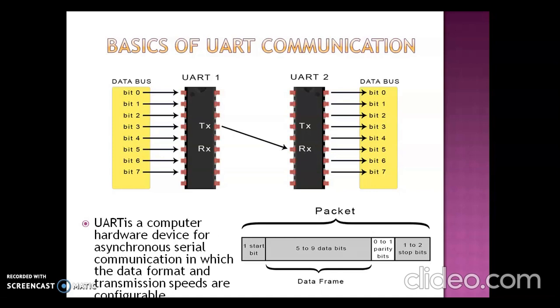It's a simple computer hardware device for asynchronous serial communication, requiring only three basic wires: TX, RX and a ground. The TX wire of UART1 will be connected to the RX of the second device UART2, where RX is the receiving point for UART2. For the two devices to be synchronized, both the grounds will be connected together in order to avoid data mixing.